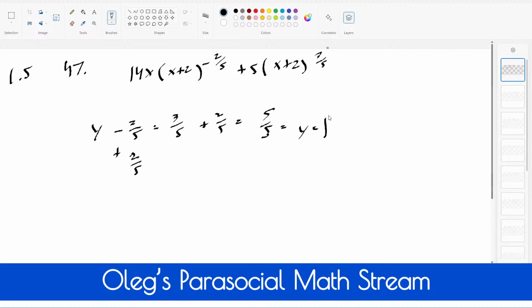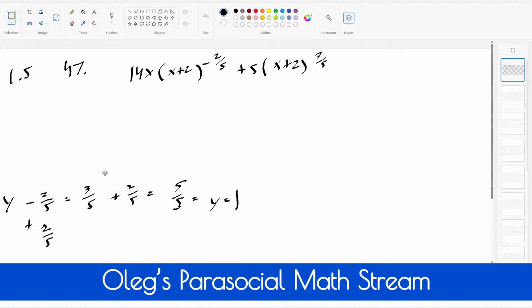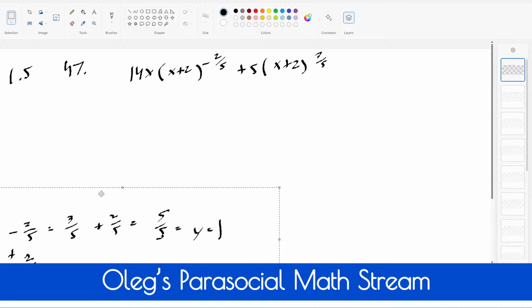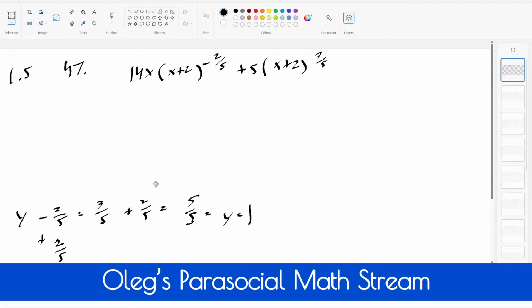So it's just convenient. They're giving us really simple forms here, very, very simple forms. Okay, there we go.